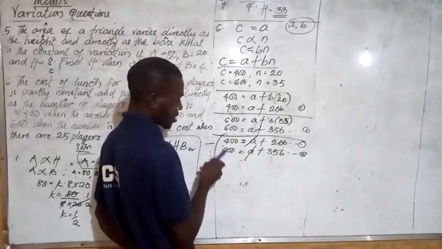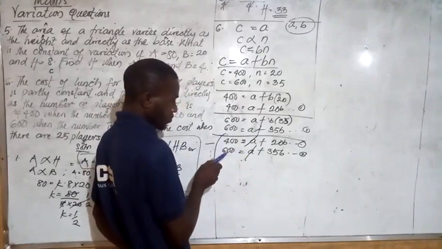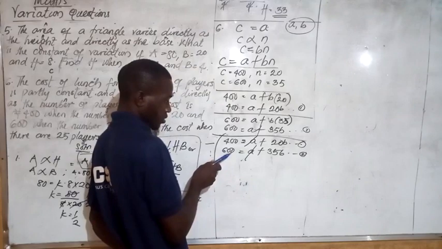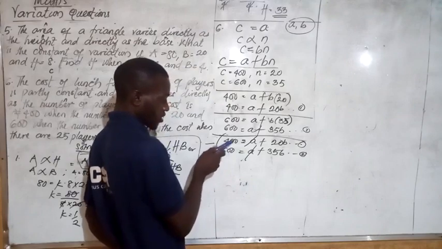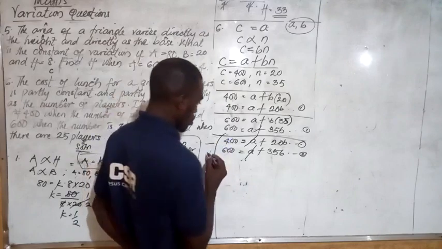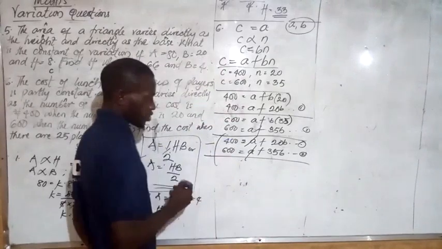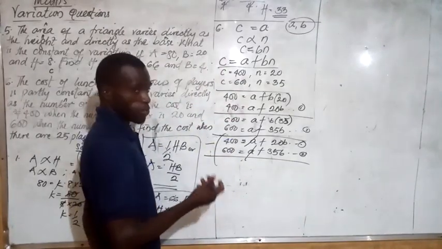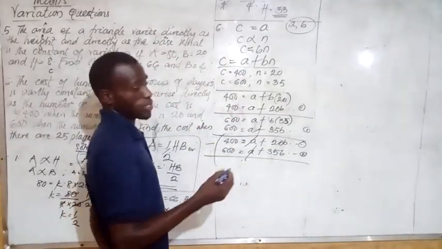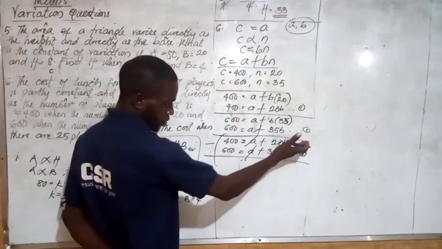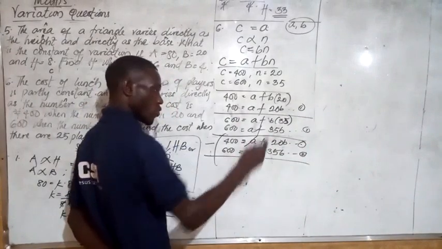Let's subtract equation 1 from equation 2. Or you can also subtract equation 2 from equation 1. It will give you the same answer. Okay, for example, let's subtract equation 2 from 1.